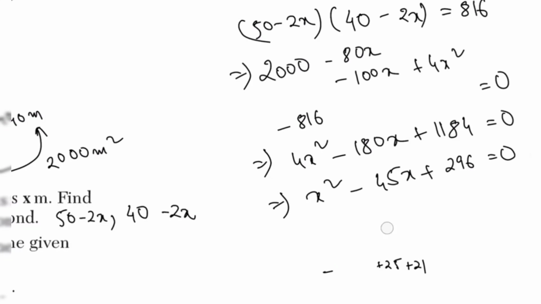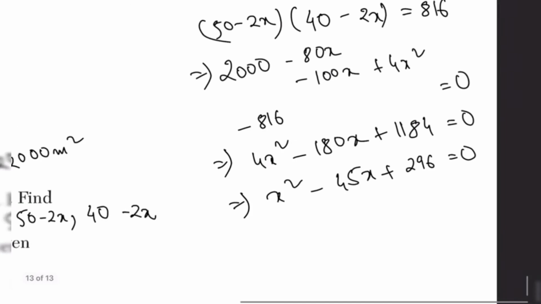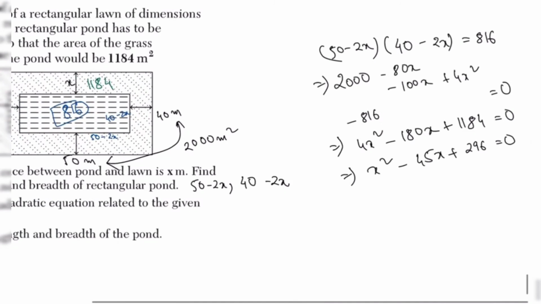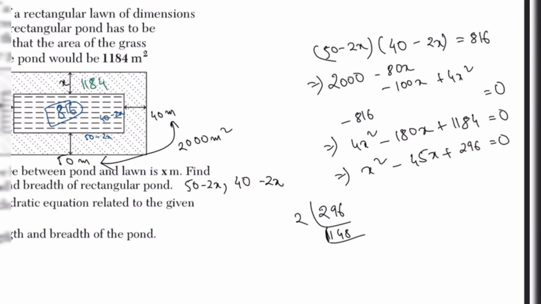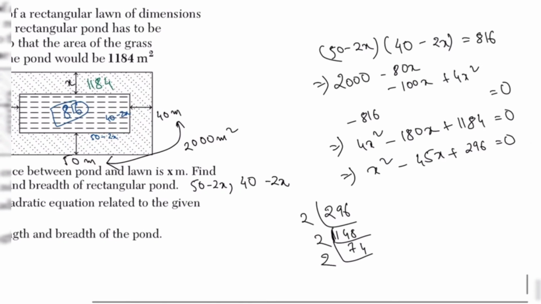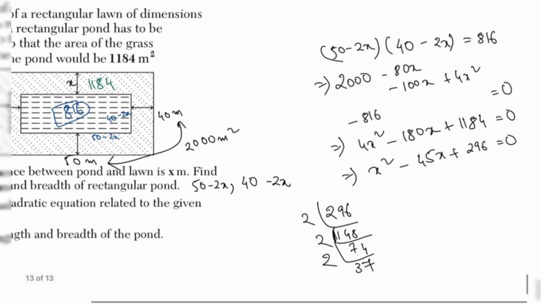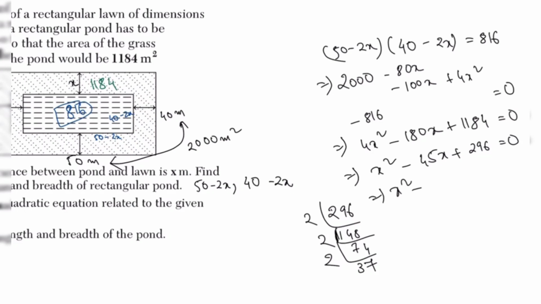Okay, let's solve it. Again, we want to factorize 296. Okay, we have to do it the old-fashioned way. So 148, and then you have 74, and then you have 37. Well, you have it straight away now. 37 and 8. x square minus 8x minus 37x plus 296 equals 0.